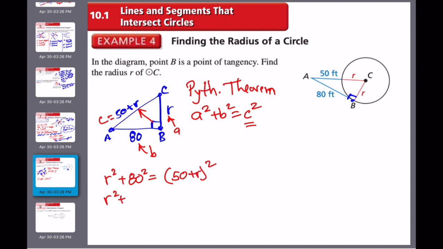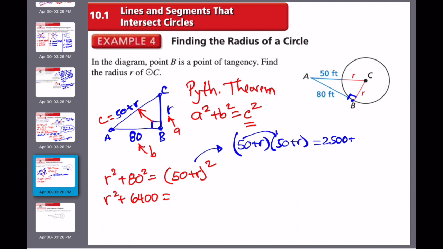R squared plus 6,400 equals, and remember we have to write this twice, 50 plus R times 50 plus R, and when we use distributive property we get 2,500.